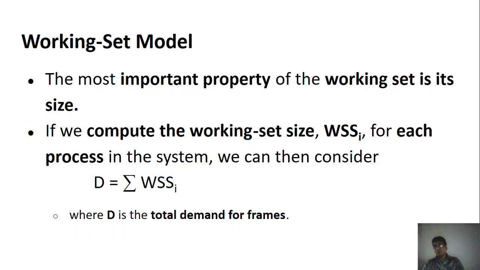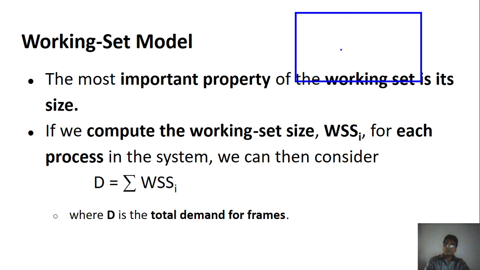But if you are able to decide perfectly, then this technique is going to solve the thrashing problem. So what I mean to say is, suppose the operating system knows how many pages, that is delta, are required for process 1.